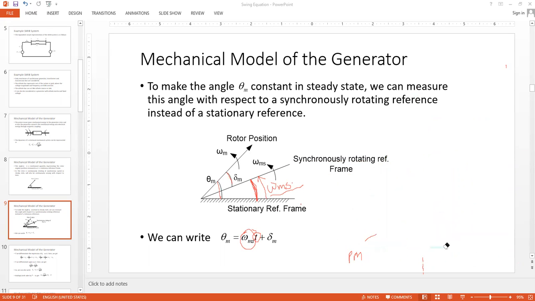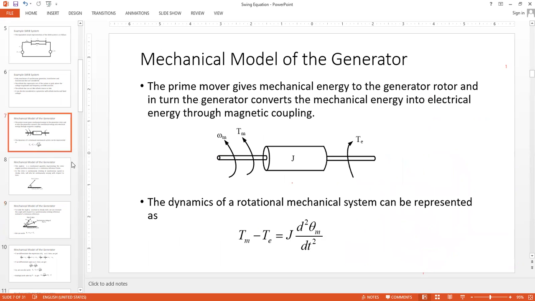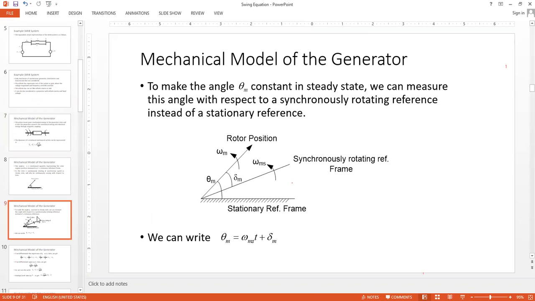So once we are done with this relationship between these two, next we would like to replace this d square theta m over dt square by the corresponding delta m, or the relative position.